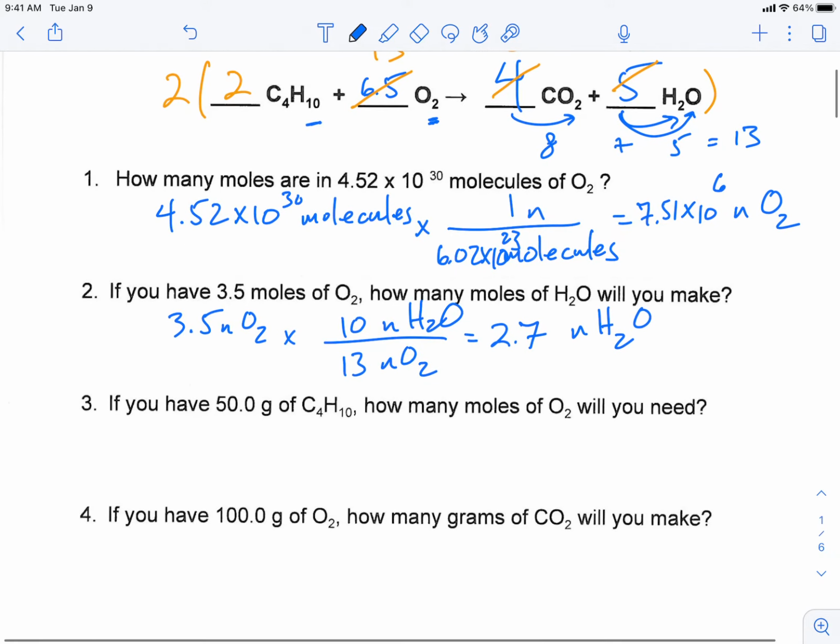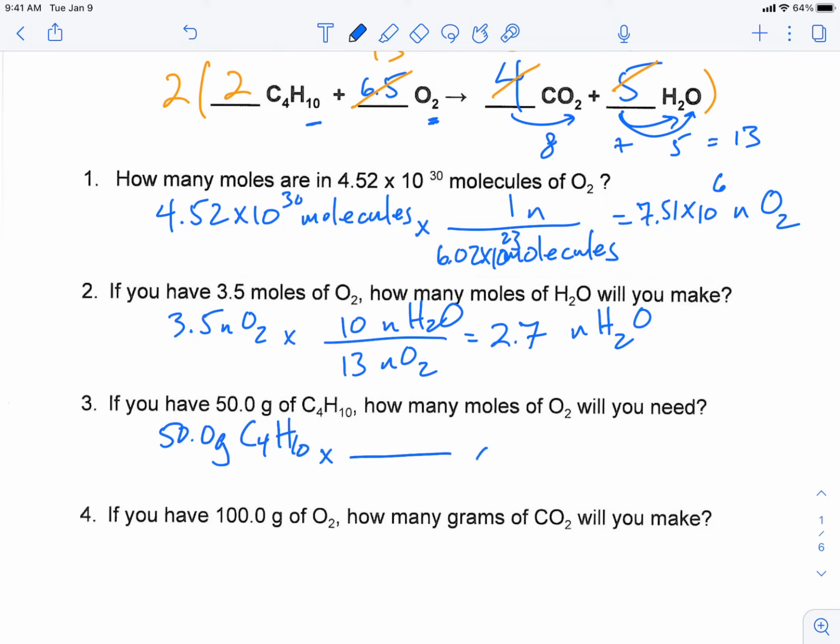Okay. Problem 3 says if we have 50 grams of C4H10, we want to know how many moles of oxygen that we're going to need. So first thing that we need to do, to be able to use our equation where these 2 chemicals are compared, is convert from grams to moles of C4H10.